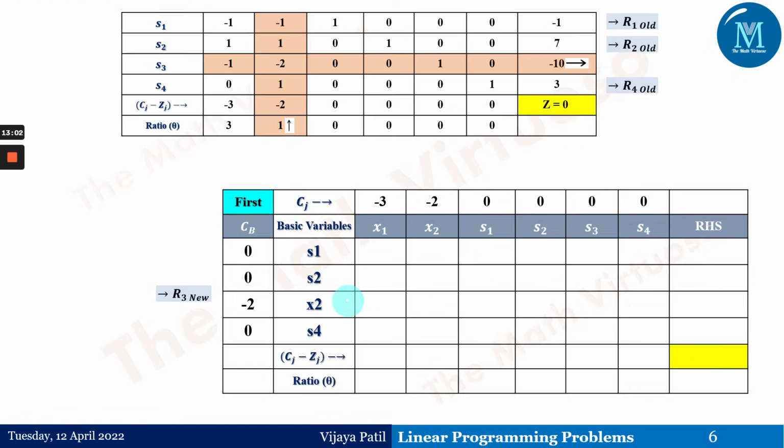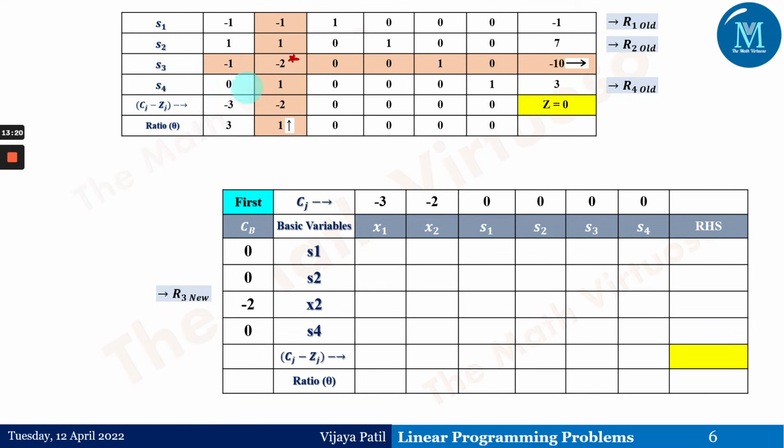Moving ahead to the next table, I have kept the same things we did in the first case. Again we follow the same steps. I have written R1 old, R2 old, R4 old, and as this is R3 new, we have to convert this minus 2 into 1.